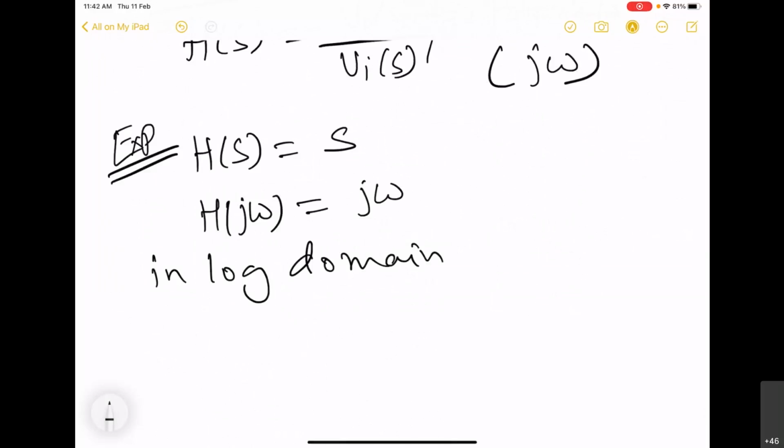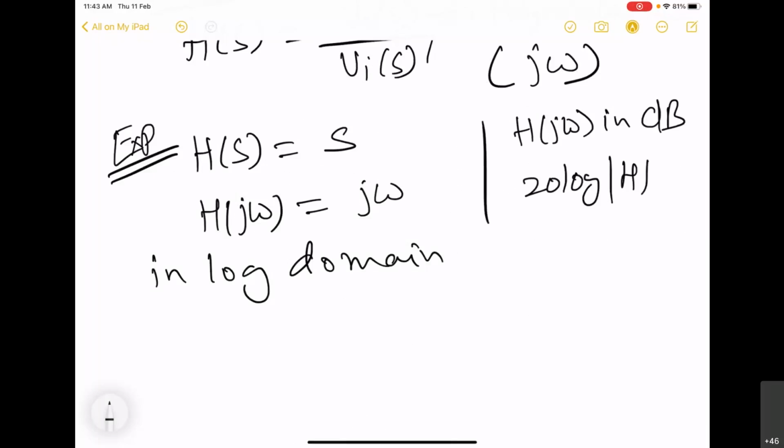So here we go to the log domain, and the transfer function in the log domain, which is also called decibel, is defined as 20 log mod of H(j omega).